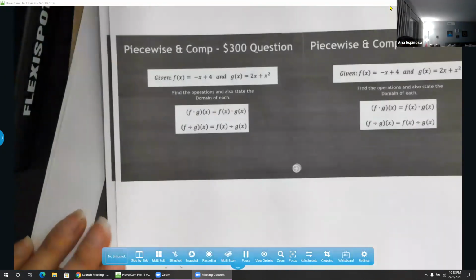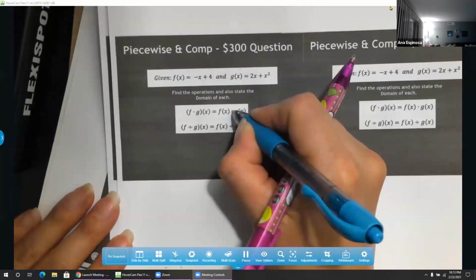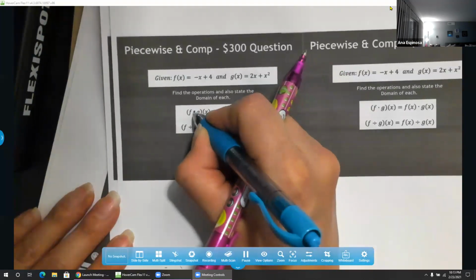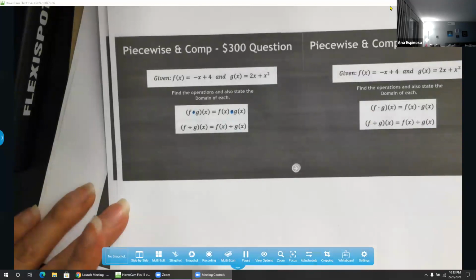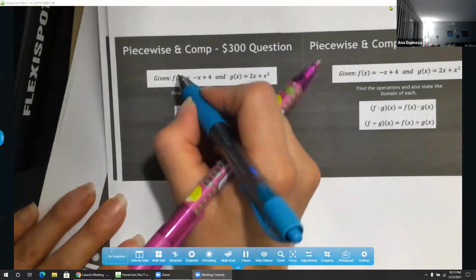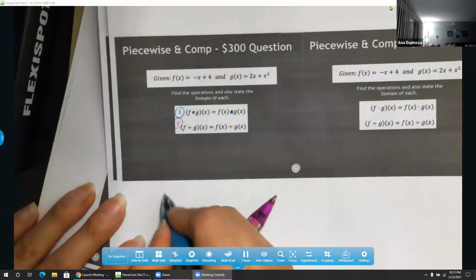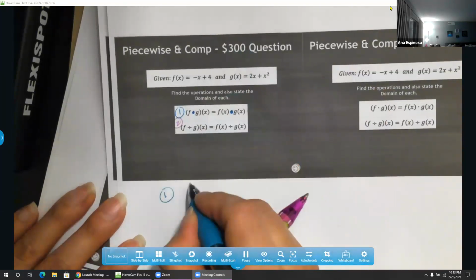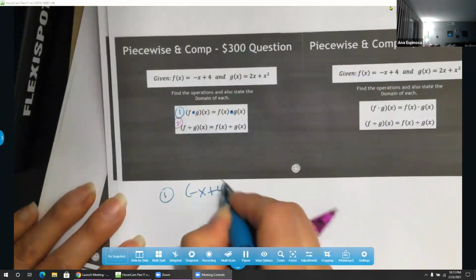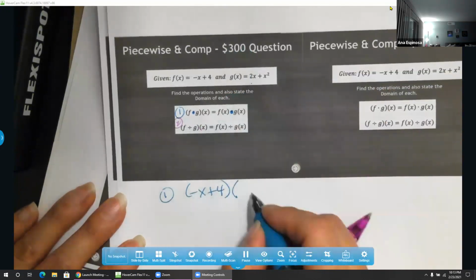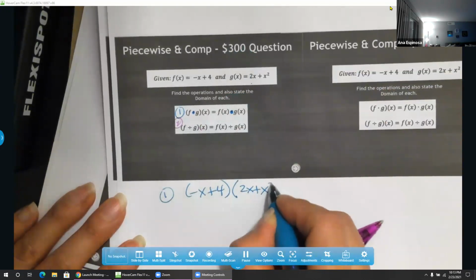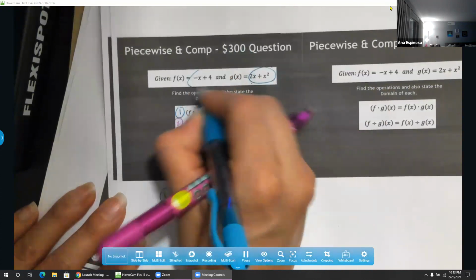All right, this one is multiplication. You can clearly see a dot. If you see a closed dot, that means multiplication. If you see division, you do division. So for number 1 and number 2, for number 1, you're going to take f and multiply it times g. So you have to FOIL.